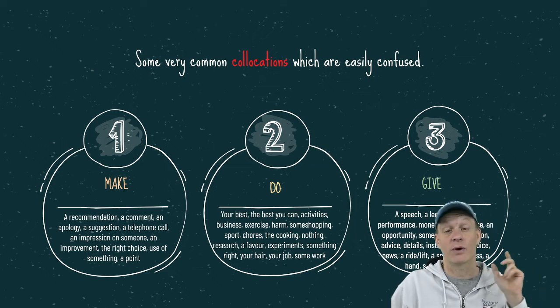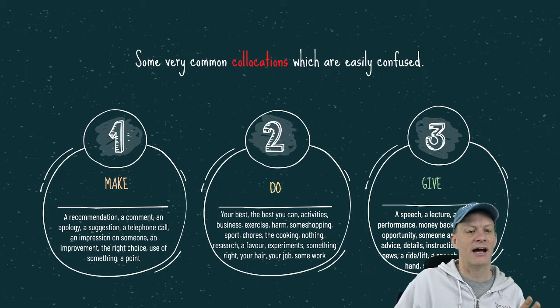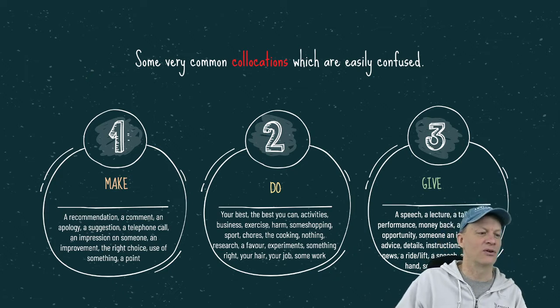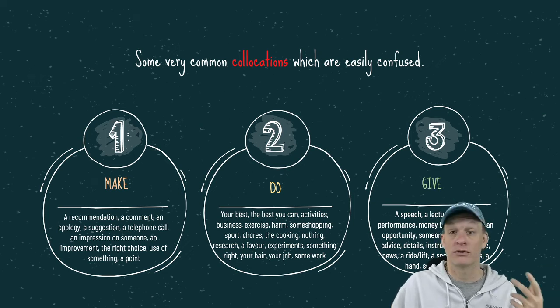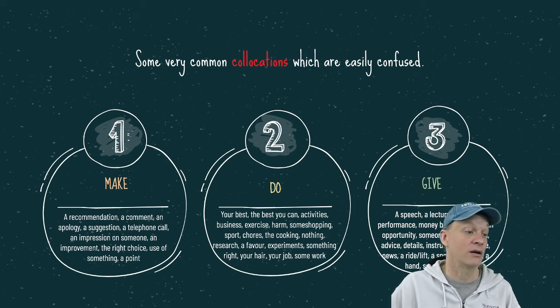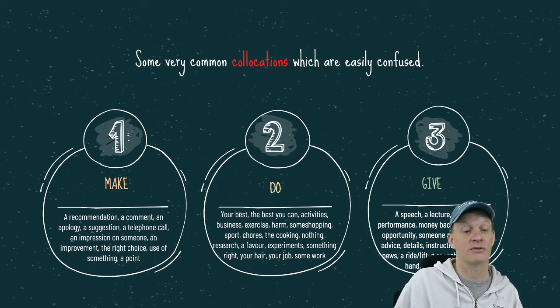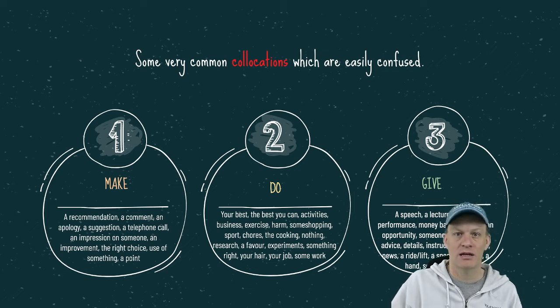Remember, we had a couple of mistakes in there, so I'm going to assume that not all of these are properly stored in your memory. They're not on the tip of your tongue. You have to think about them, like do a favor, do my hair, make the right choice, give a performance. So these different ones, which aren't everyday speech, but they are very important.